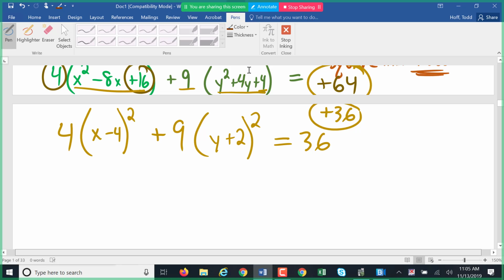Now this looks just like the equation we worked with a few minutes ago. I need to make this on the right side equal 1. Right now it's 36, so I'm just going to divide by the 36. I divide the whole left side by 36. I'm just going to write it out as dividing each piece individually by 36 on the left side.